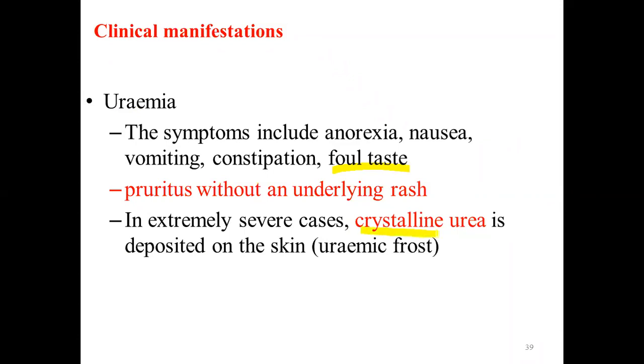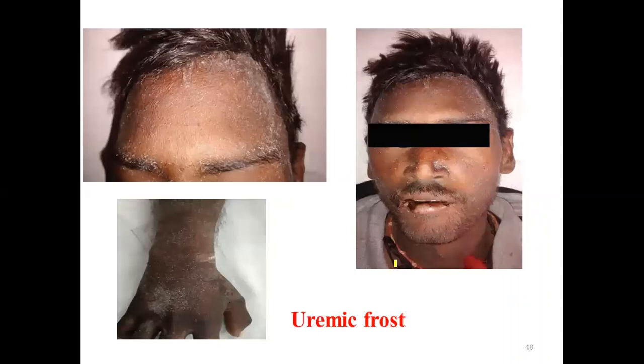Then, in extreme cases, when the uremia is very high, there is a formation of crystalline urea that can be deposited on the skin, and we call it uremic frost. This uremic frost is a white appearance on the earlobes and on the forehead, as you can see in the next diagram.